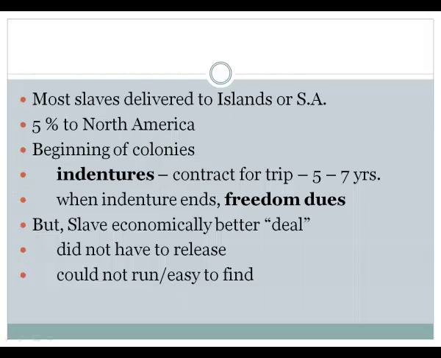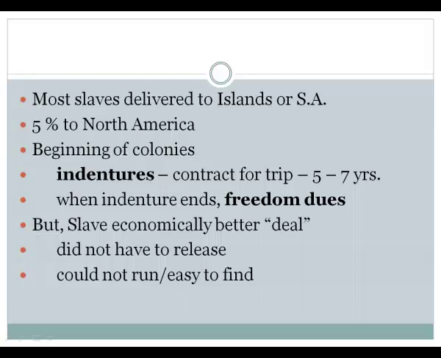They'd sell their indenture to the ship's captain, and the ship's captain, in turn, would sell the contract to someone once they reached the New World. And when the indenture or the contract was up, they would receive something called freedom dues, which in the beginning was usually 50 acres of land and a change of clothes and something to help them get started on their own, if they were still alive, because being an indenture was not an easy task.